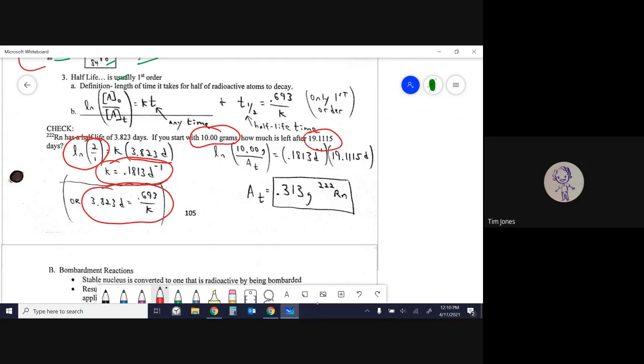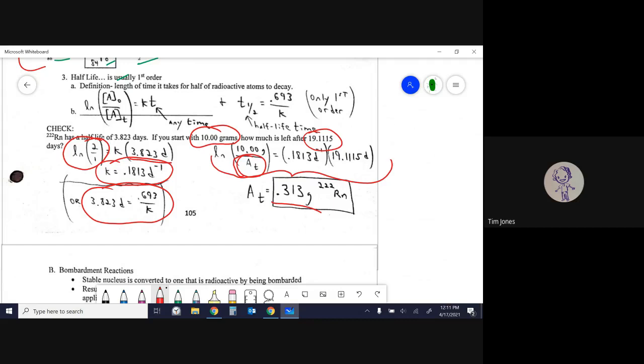Once you know your constant, plug it again into the first order integrated rate law, like here, and you can solve for A sub T, which is the amount of substance that remains. So we get 0.313. And again, that's how much remains. It's not how much has reacted and undergone this nuclear reaction.